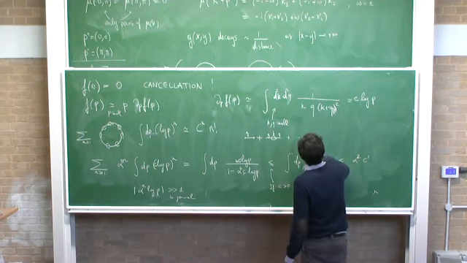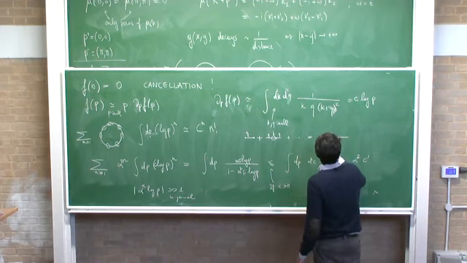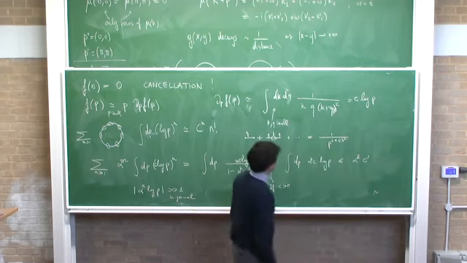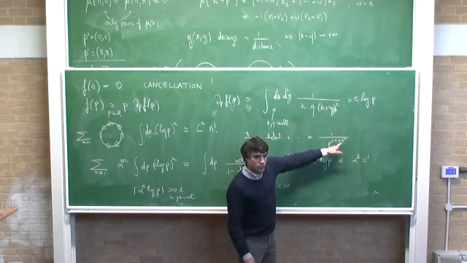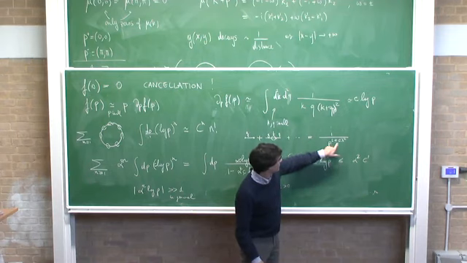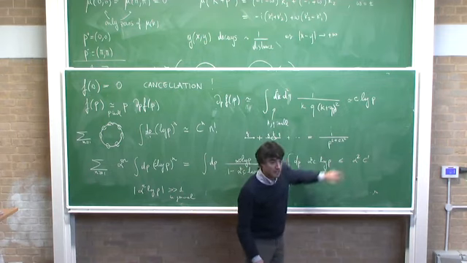And the result of this resummation will give you something of the following form: p to the constant lambda squared. So if you expand in Taylor series, you will get p times 1 plus lambda squared log p.